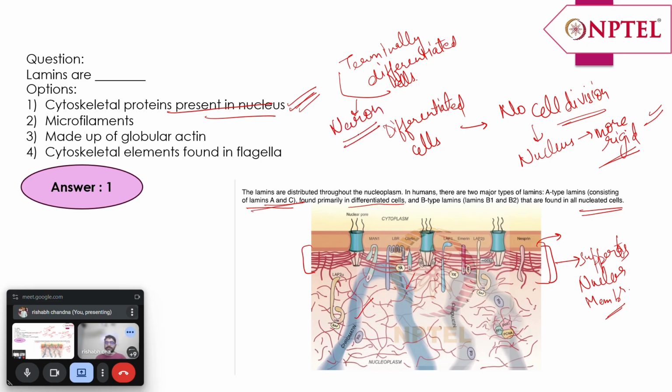Does it divide? Yes. So, what happens in case of neurons? There is no division. So differentiated cell doesn't mean that it will not be present in humans.